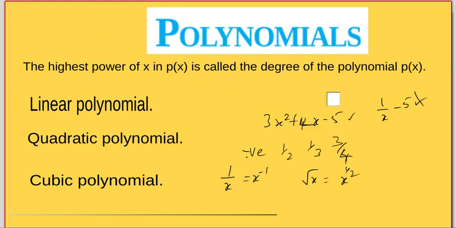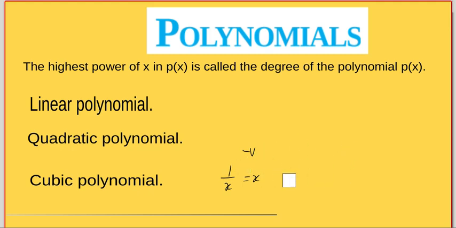In this chapter we are mainly discussing quadratic polynomial and cubic polynomial. About linear polynomial we have discussed in class 9 itself. Suppose y equal to 3x plus 5. It is a linear polynomial.